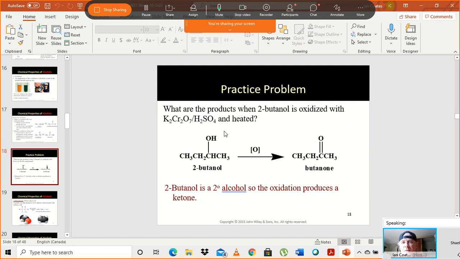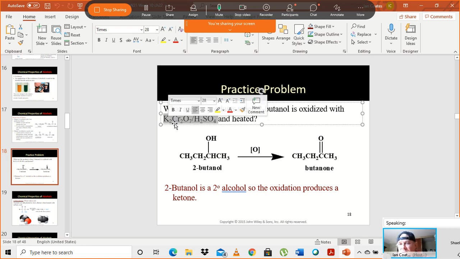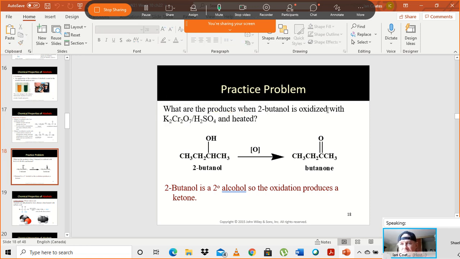What are the products when 2-butanol is oxidized and heated? Whatever it's oxidized with, I'm not really concerned about, just as long as you know this is what's going on. I've got 2-butanol and I'm oxidizing it. A primary alcohol can go through 2 stages.